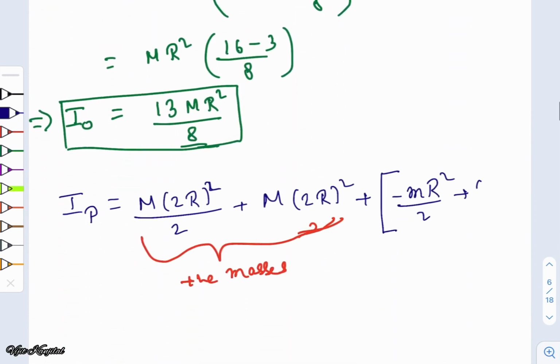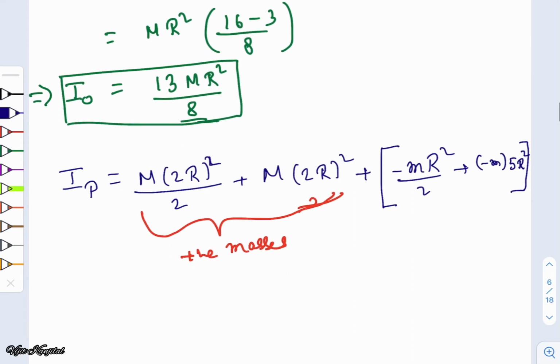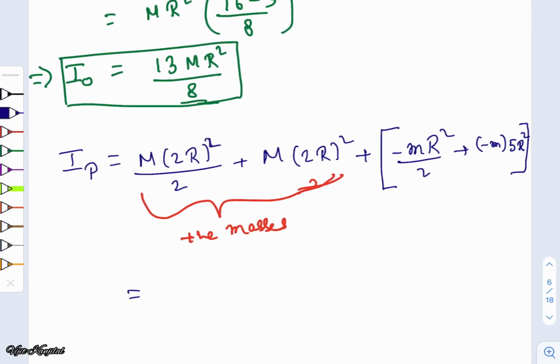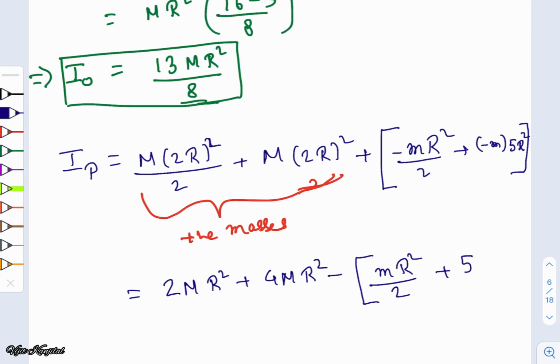So what would be d in this particular case? It would be root 5 r. So d squared would be 5 times r squared. So let us simplify this. It would be 2 M r squared plus 4 M r squared minus m r squared by 2 plus 5 m r squared.